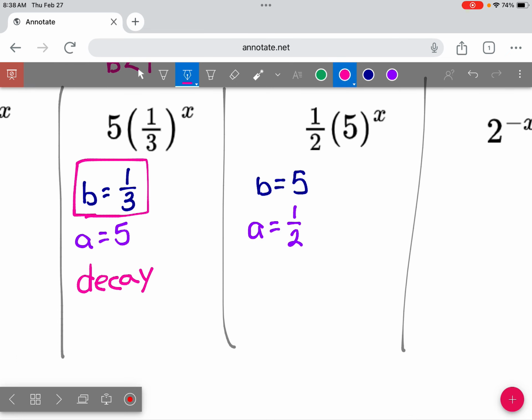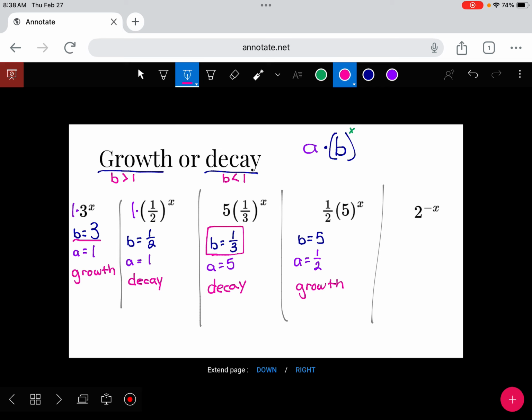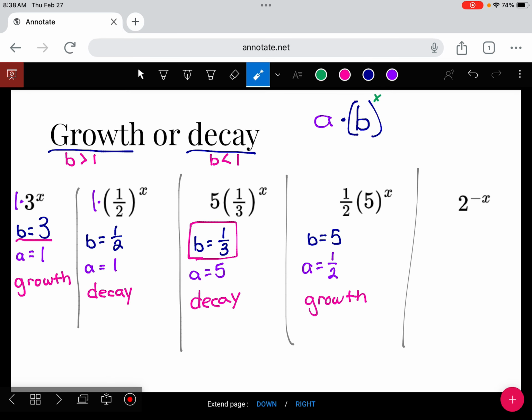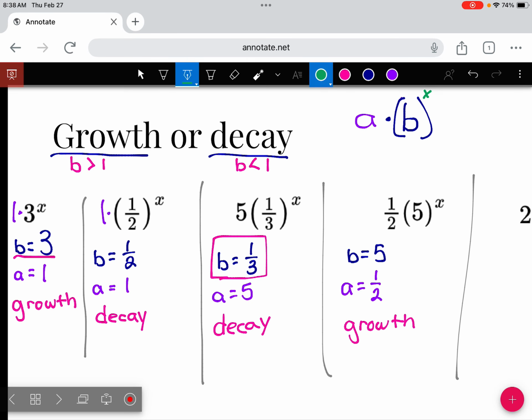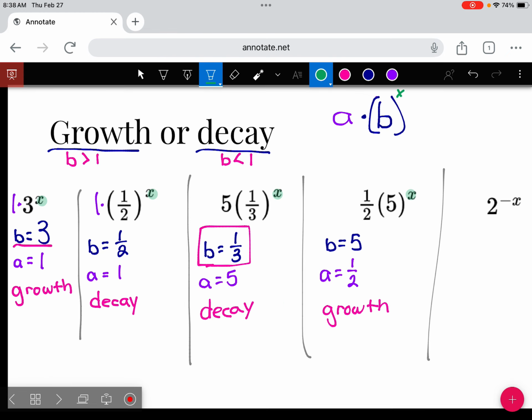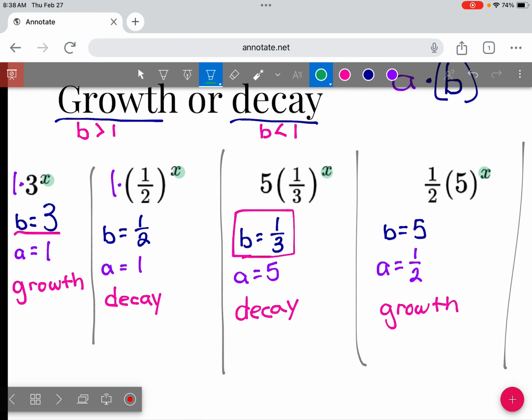So is this one growth or decay? Growth. On all of these ones that we've looked at, they've had one thing that's the same that's different on the last one. These are all to the power of x. Questions on these 4 before we look at the last one, which is showing us a thing.